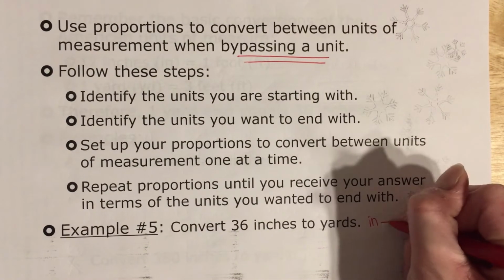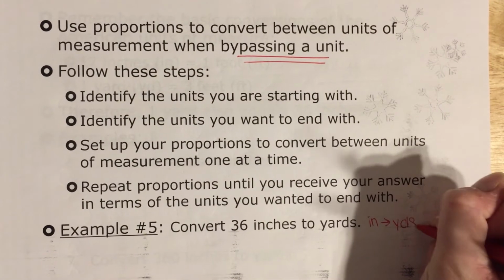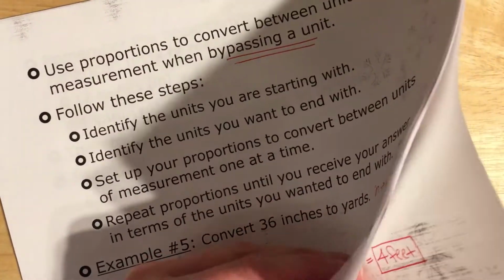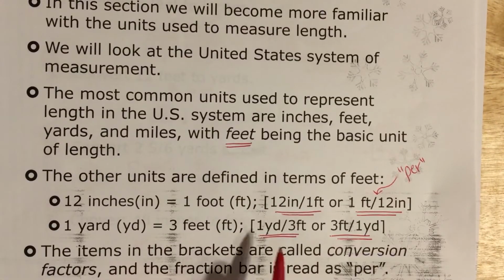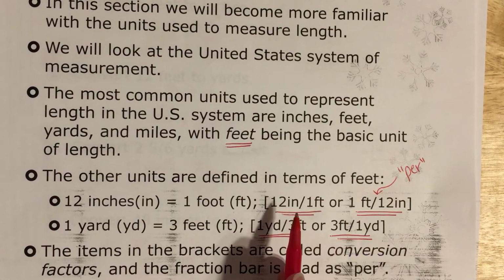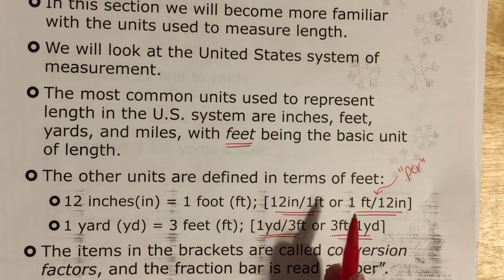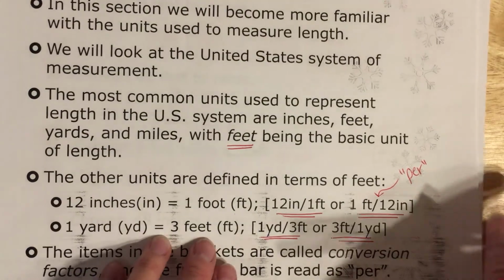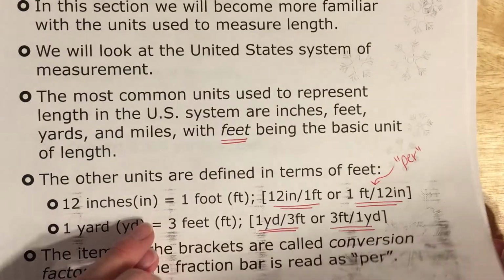So I'm going from inches to yards. But now if you go back to our conversion factors, let me bring them up, that I showed you before, none of these are in terms of inches to yards. I only have inches to feet or yards to feet and vice versa. Feet to yards, feet to inches.